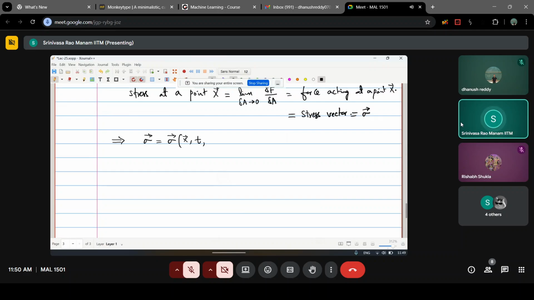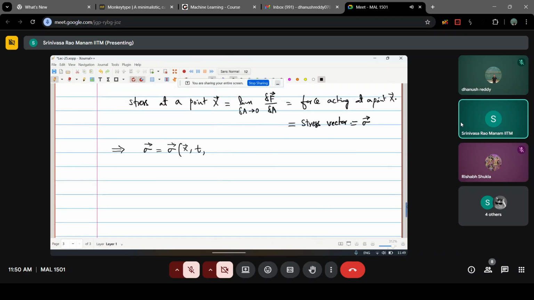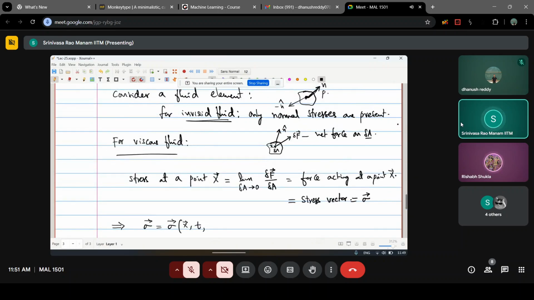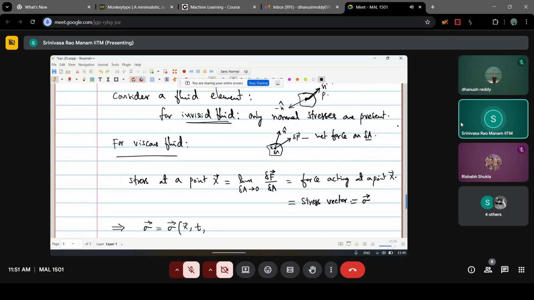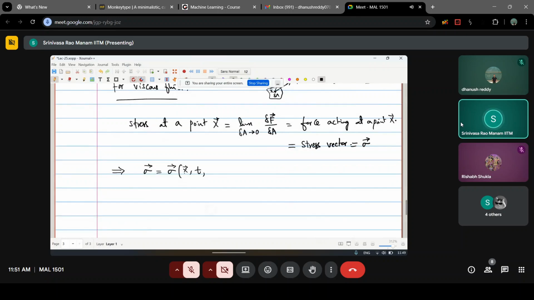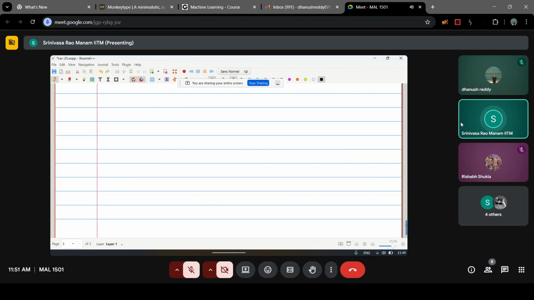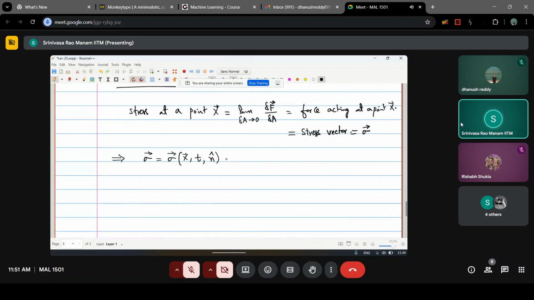Every time you move this point x, the normal is also changing. So basically your stress depends not only on your position and time, but also on the unit normal vector. This is what you have.